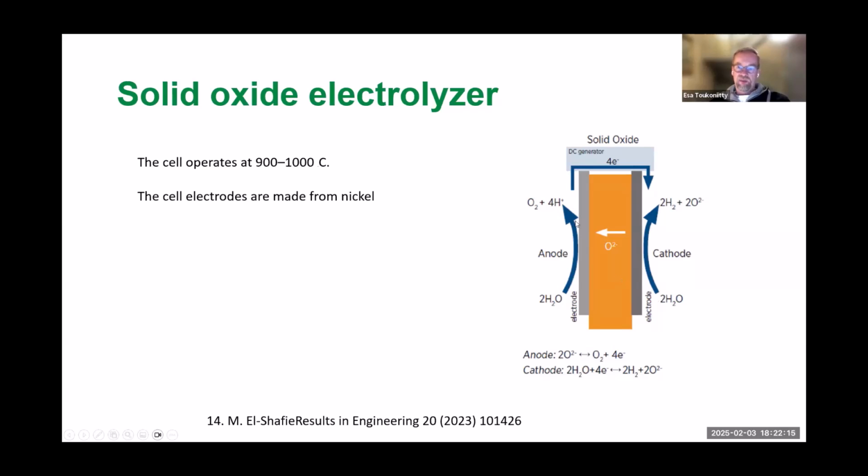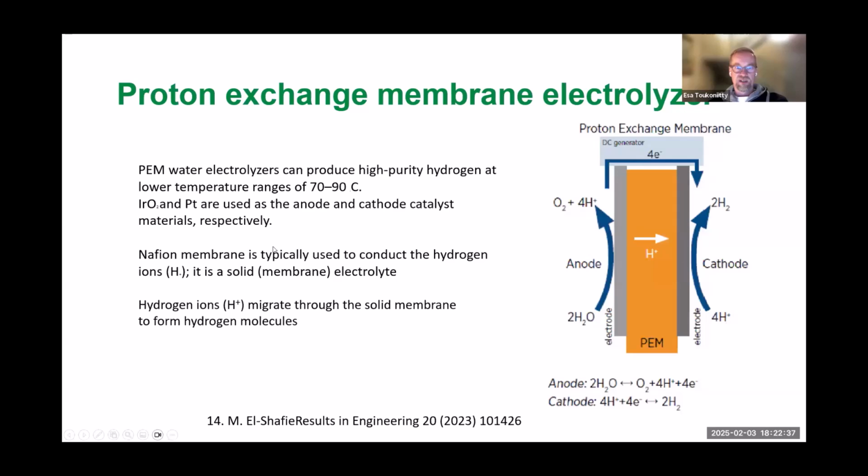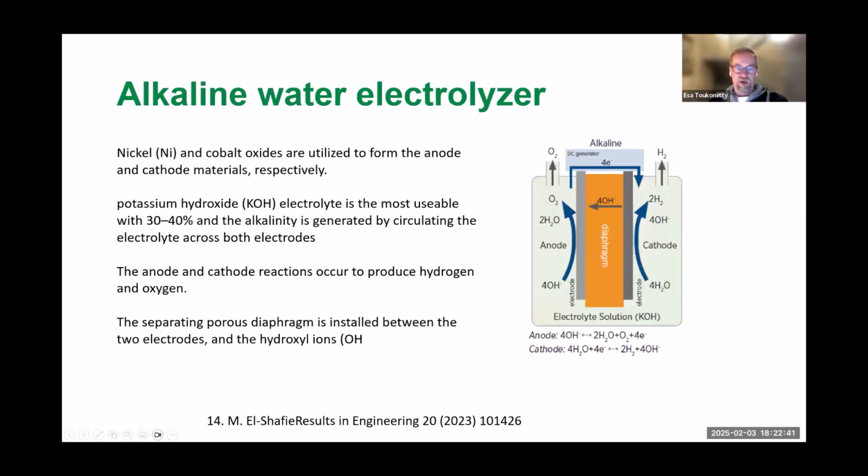The mechanisms are slightly different, but the end products are of course the same, gaseous hydrogen and gaseous oxygen. But the temperatures are much higher in these solid oxide electrolyzers. We are approaching 1000 degrees Celsius, whereas here it's 100 or less.